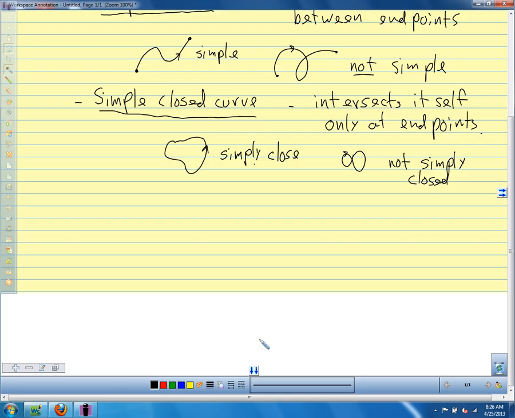All right, and then a simply connected region is a region whose boundary is exactly one simple closed curve.